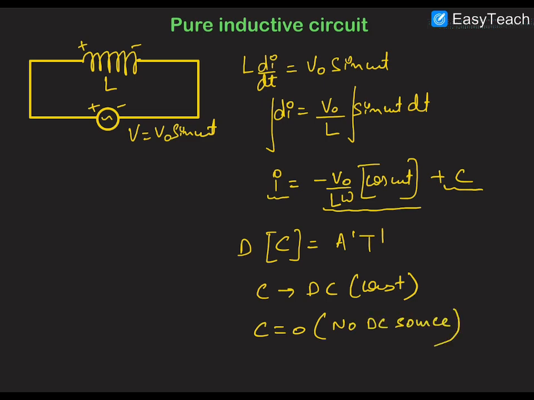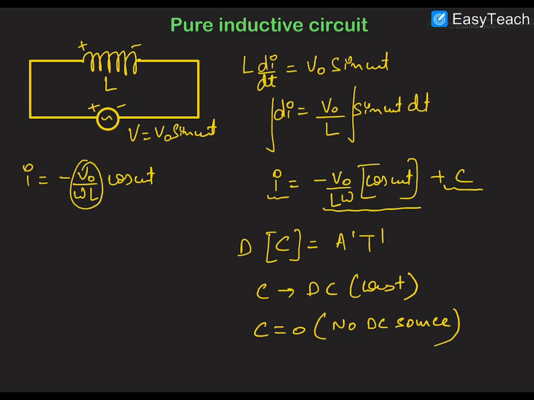The source which we have connected in the circuit is only the AC. Okay, now we can substitute the value of C, and we can write down I as minus V naught by omega L cos omega t.